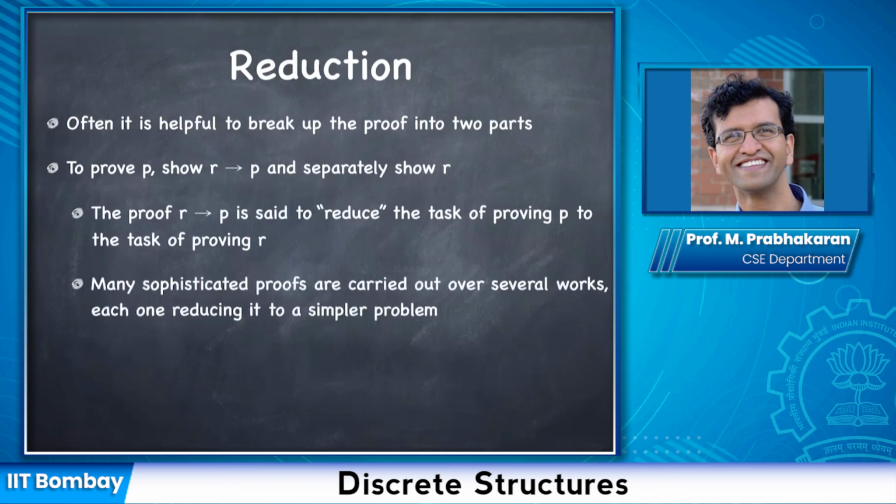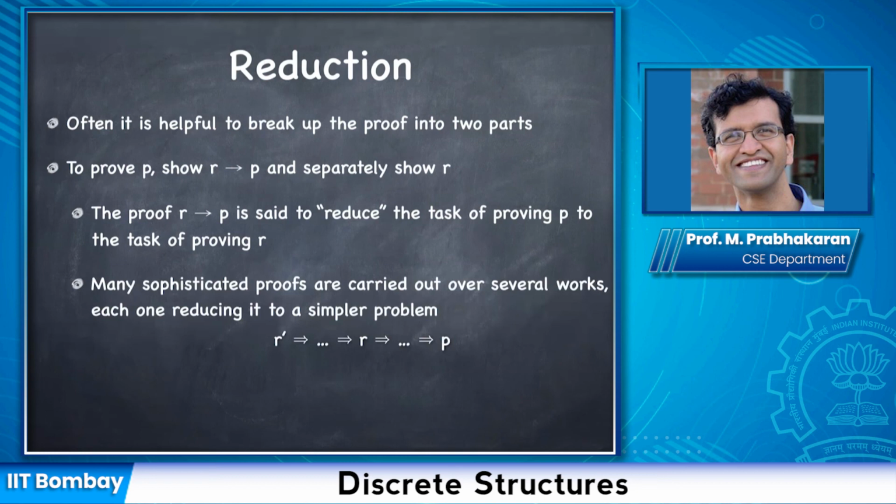Okay, and this is actually a very common way in which proofs get done over a long period of time, with different mathematicians carrying out different reductions one after the other. So somebody, instead of proving P, which they don't know how to prove, would conjecture another proposition R and say, okay, if R holds, here is my proof for P. So now somebody else could come along and try to prove the conjecture R. They may not be able to do that.